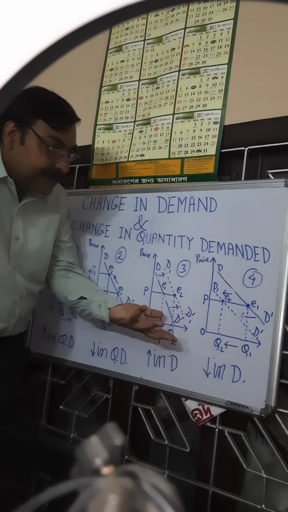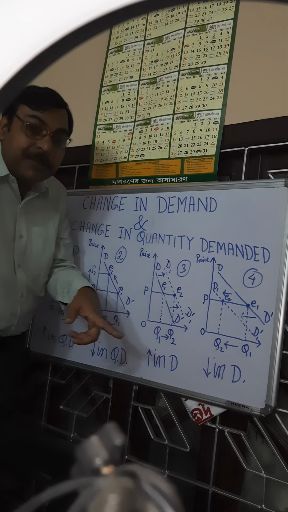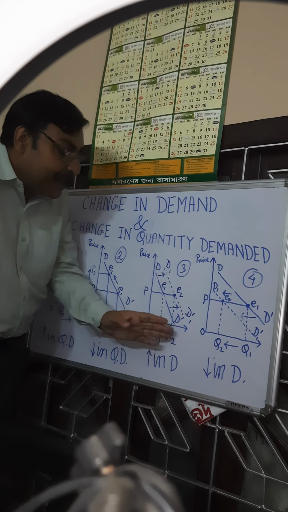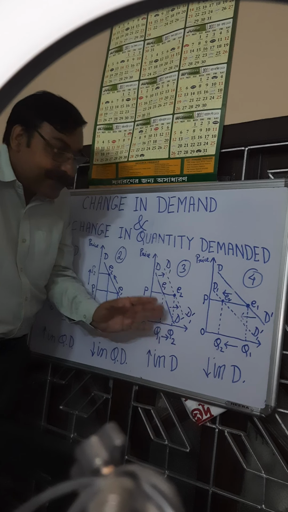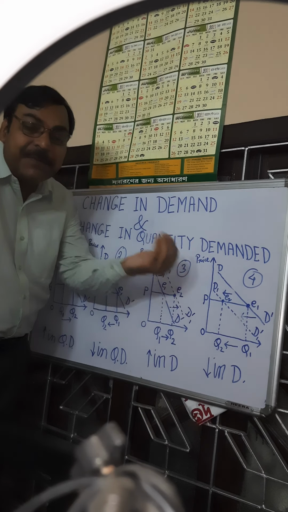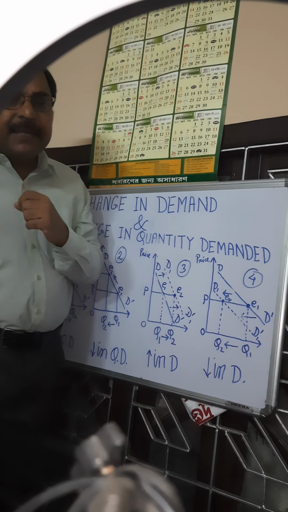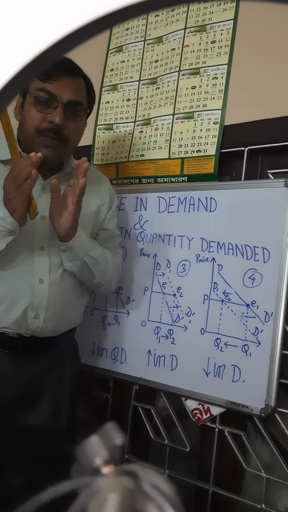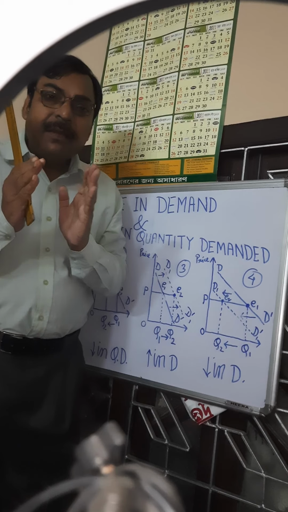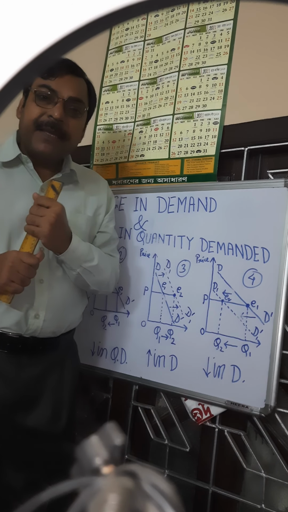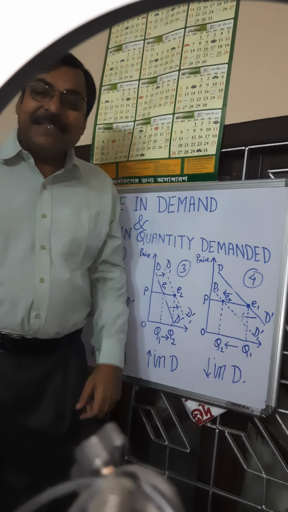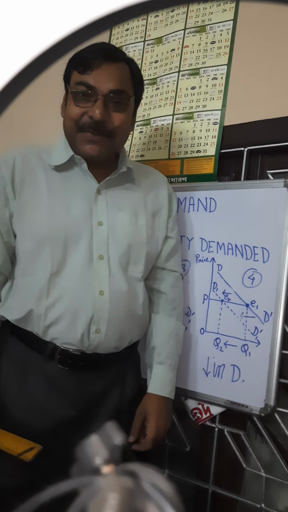Demand will rise, price fixed, represented by a forward shifting of the demand curve. Increase in demand. So increase in demand and decrease in demand may be due to a change in expectation about future price, although present price is unchanged. This much today. Thank you.